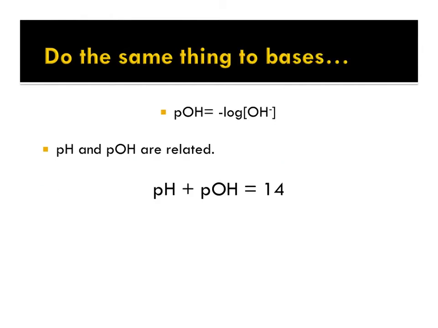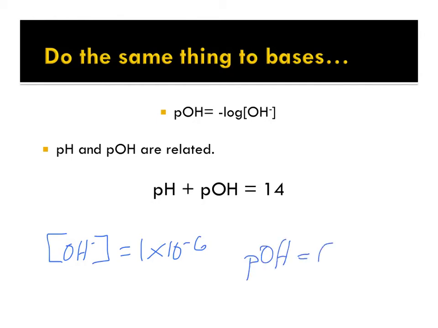You can do the same thing with pOH. So if I gave you an OH minus concentration of 1 times 10 to the negative 6, pOH would equal 6. Okay, so it really is the same thing. You're just talking about a different concentration.